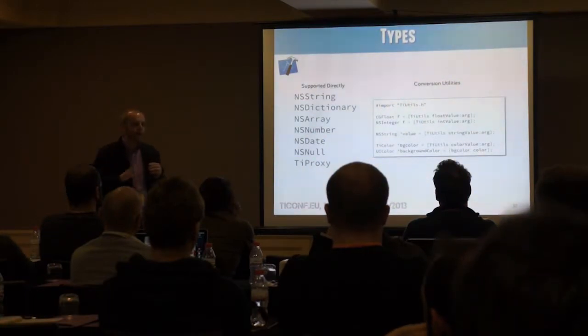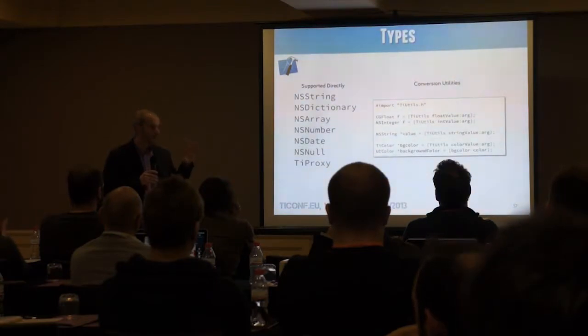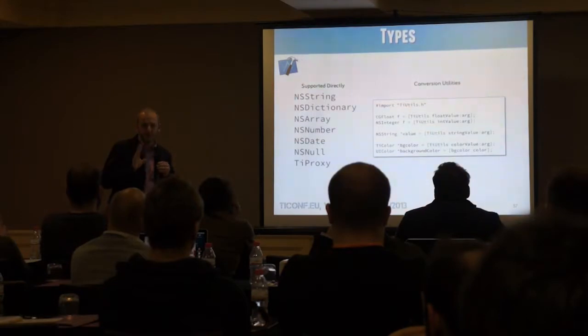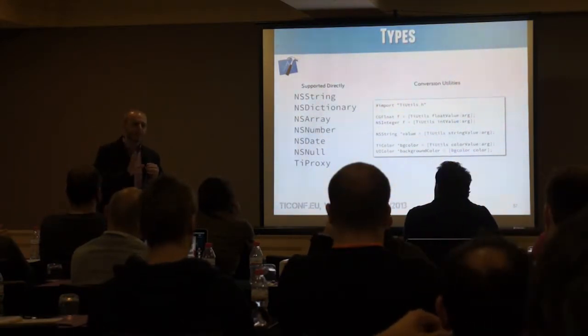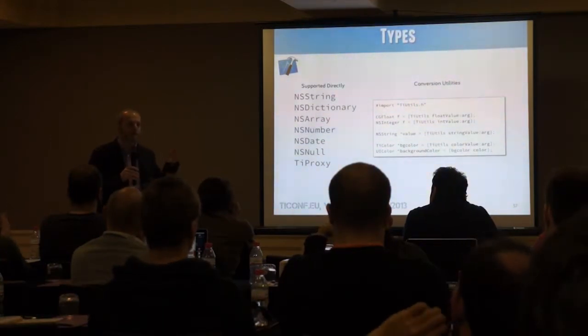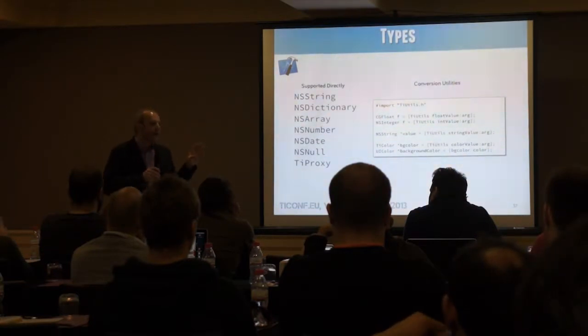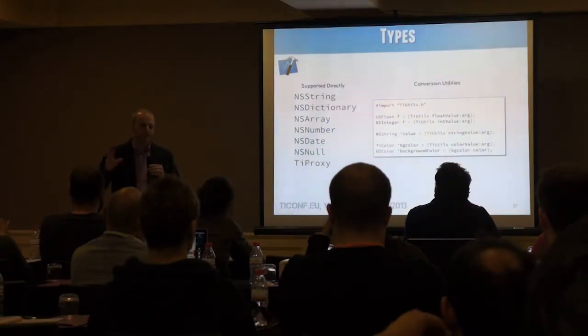All these types are mapped one-to-one on native types of the Objective-C part. So a JavaScript string is mapped on an NSString. A generic JavaScript object, which is generally a hash map with a key-value association, is mapped on an NSDictionary, and so on. The array on an NSArray, and so on.